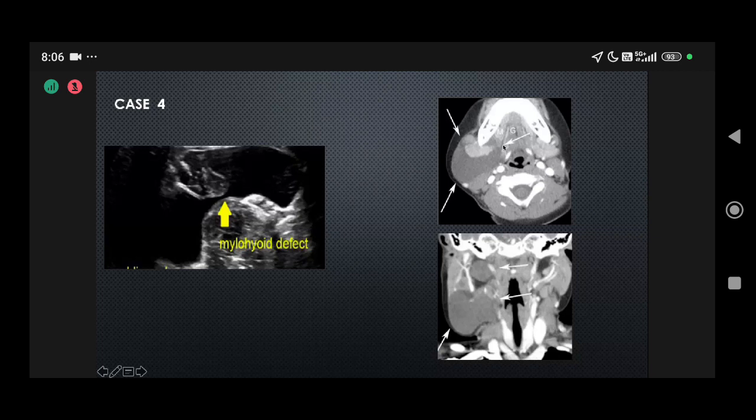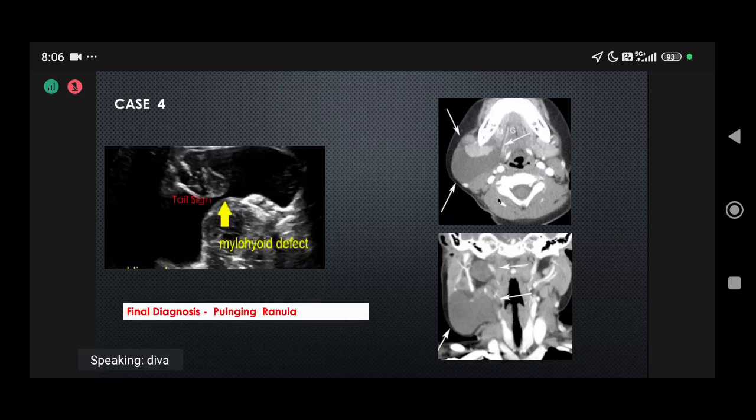And this is the contrast CT scan, axial and coronal. We can see a very well-defined smooth cystic lesion in the floor of the mouth extending into the submandibular space. So this is nothing but a plunging ranula.